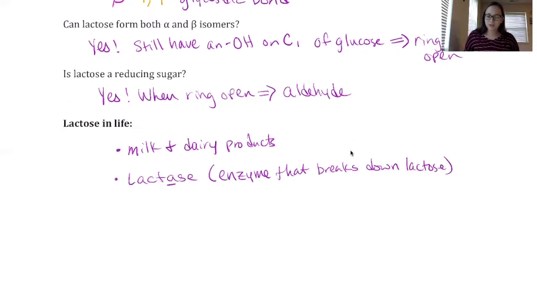So the issue is that people who don't have lactase in their bodies, so if their bodies cannot produce that enzyme, then lactose cannot be digested in their stomachs. And so the lactose can then be fermented by bacteria in your colon and makes you really gassy.